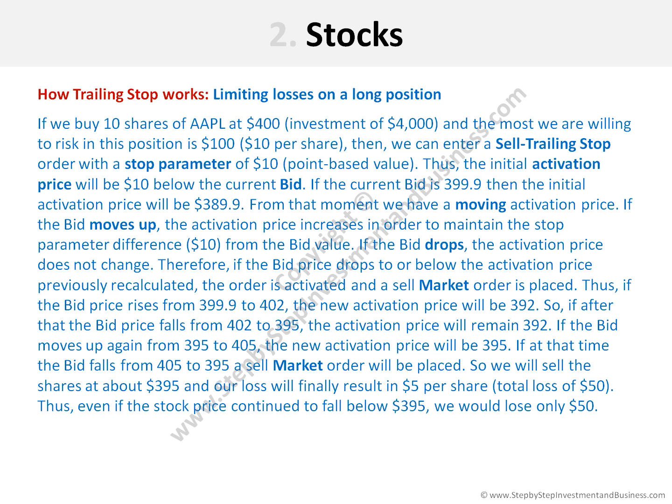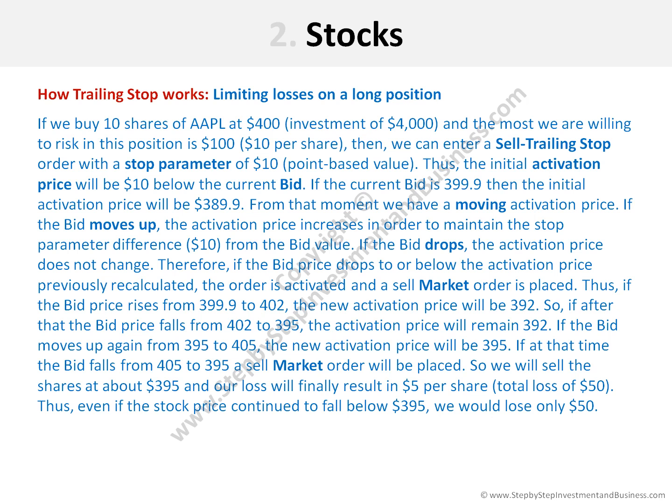Thus, the initial activation price will be $10 below the current bid. If the current bid is $399.9, then the initial activation price will be $389.9. From that moment, we have a moving activation price.